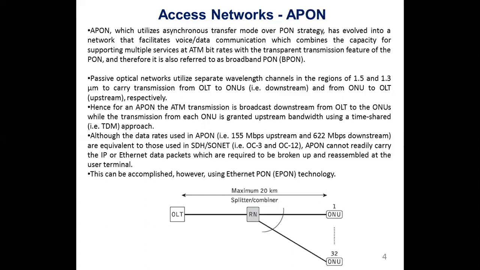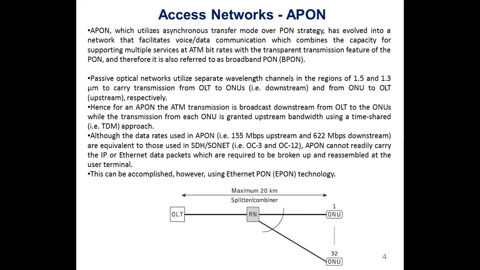These kinds of networks will utilize separate wavelength channels, and the wavelength of operation will be somewhere between 1300 nanometer and 1500 nanometer, and this will carry transmission from line terminals to the network units, that is downstream, and then in the reverse part, the upstream.